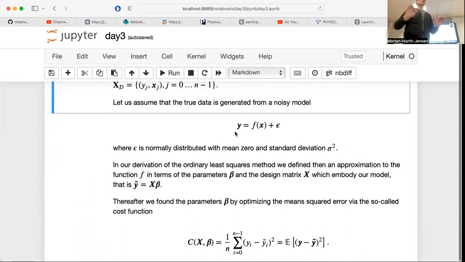So we assume that this function exists. This is for regression. It's assumed to be a continuous function. It's assumed to be a deterministic function. So you feed in some variable x and you get an output y. And we assume that this function exists, and then we have to make a model to find this function.